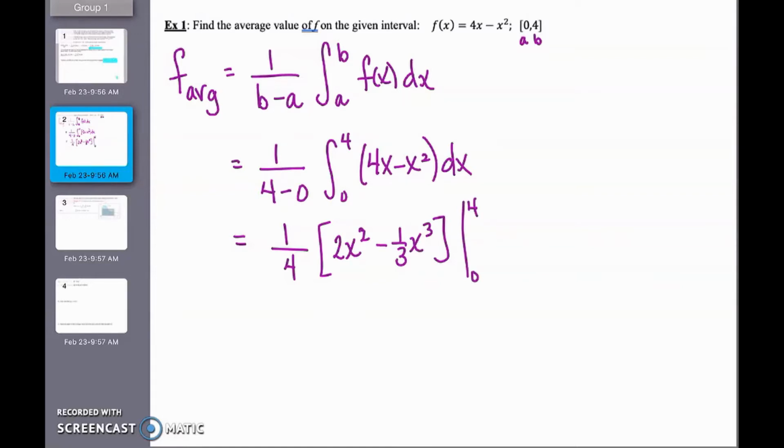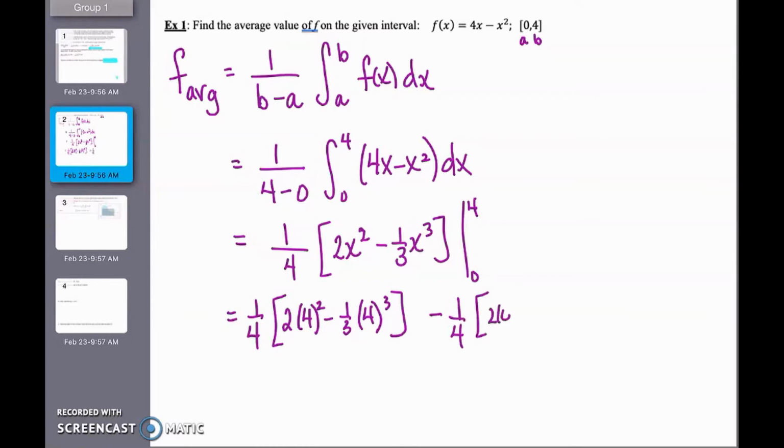So now I just go ahead and use the fundamental theorem of calculus: plug in 4, plug in 0, subtract. So I'm going to get 1/4 times 2 times 4 squared minus 1/3 times 4 cubed, minus 1/4 times 2 times 0 squared minus 1/3 times 0 cubed.